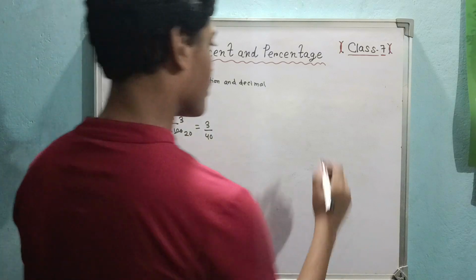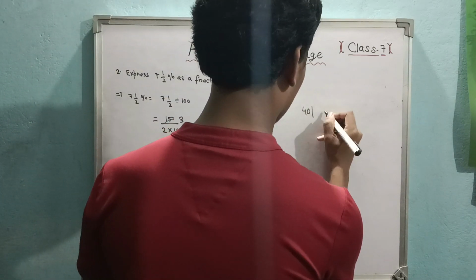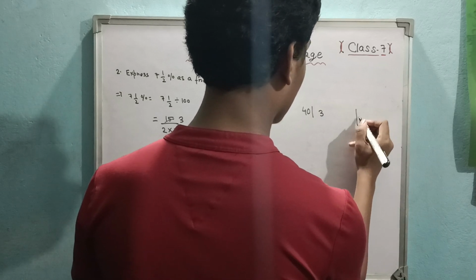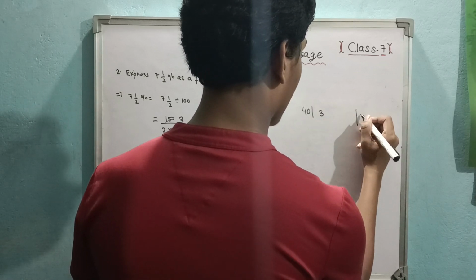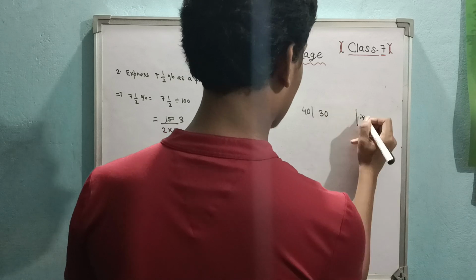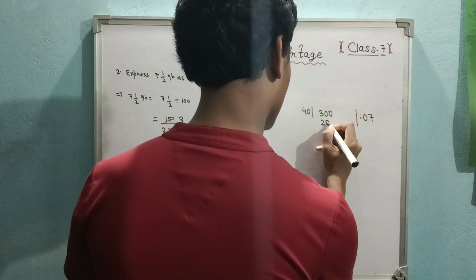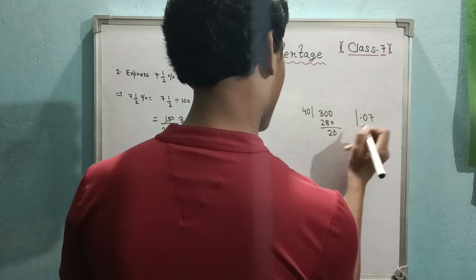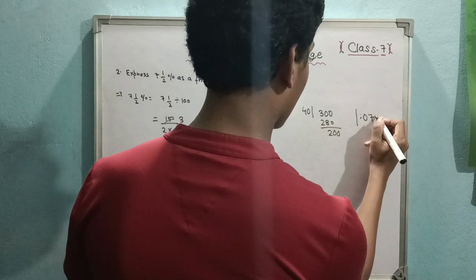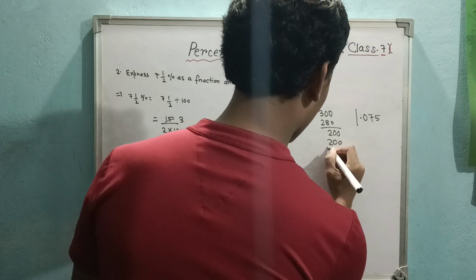Converting this into decimal, we have to divide. Let's do it. Divide 3 by 40. I take the point here, another 0 comes. I take another 0, here another 0 comes. 7, 280, 20. We had the point, so one more 0 will come here. 5, 200, and here you go.